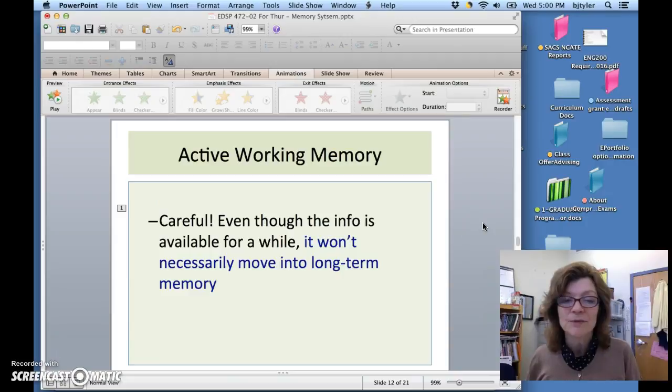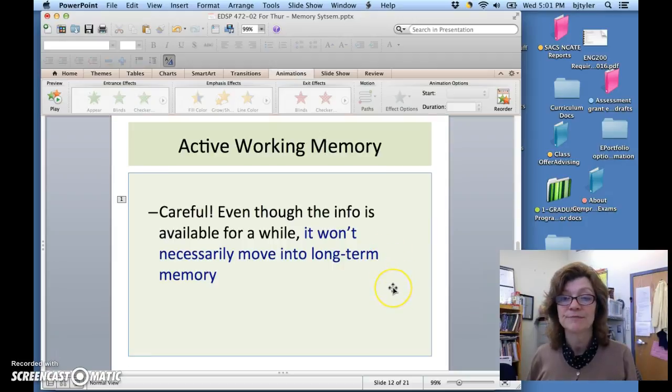You need to be careful though, because even though you can recall that information for even up to several days after the event, there's no guarantee that it will after that point move into your long-term memory. You've got to do more to make it stick in your long-term memory.